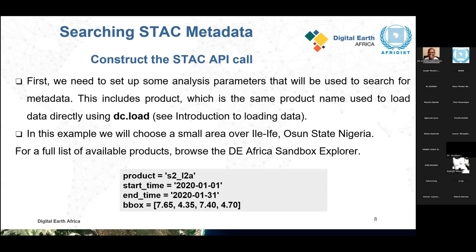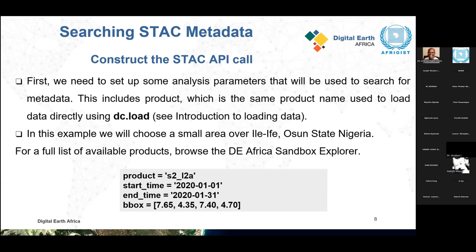So the script to retrieve the data we need is product equal sentinel2_l2a. We indicate the start time, 2020 January 1st, and the end time, 2020 January 31st. The bbox will give the coordinates 7.65, 4.35, 7.40, 4.70.